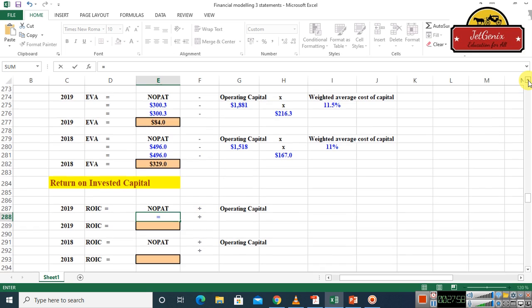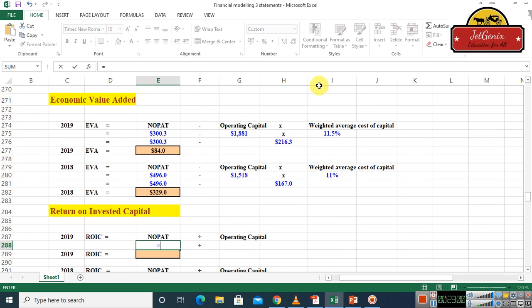Net operating profit after tax for 2019 is here. So select this one and press enter, and we will divide this by the total operating capital of 2019. You can see it here. Select this one, equal, and this one.